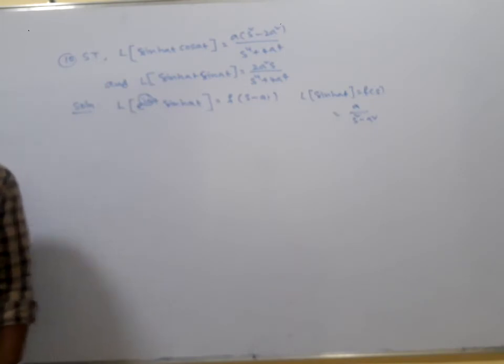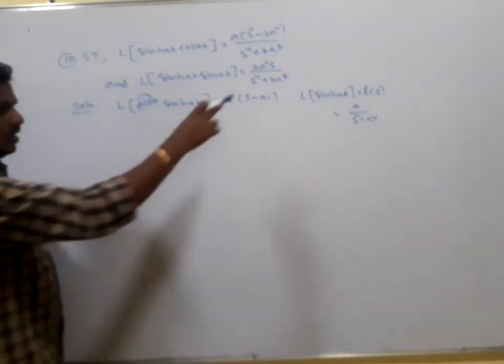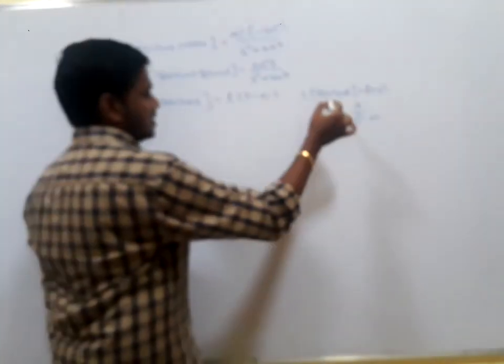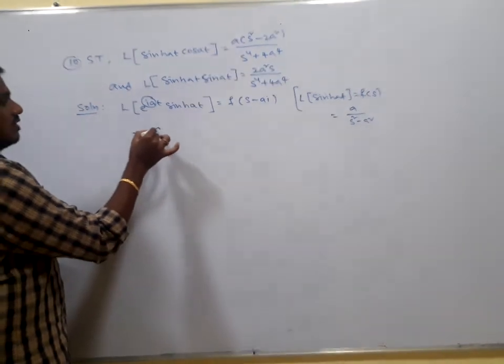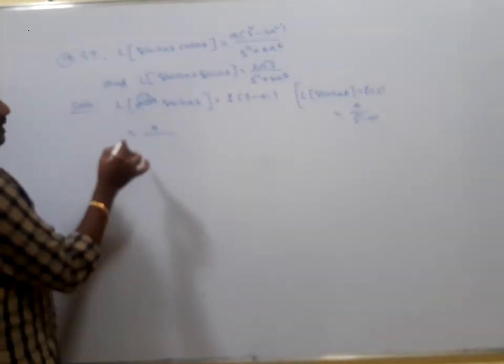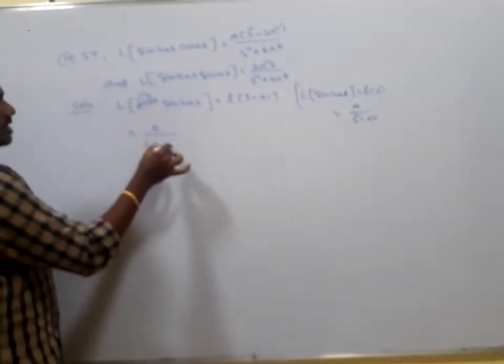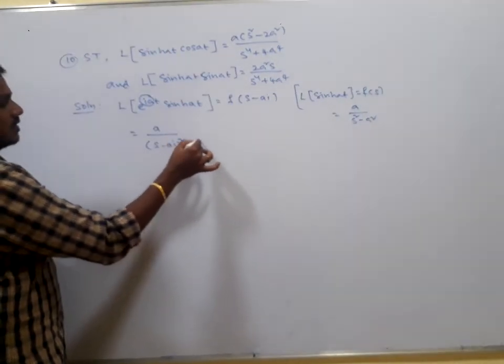So this can be written as the Laplace transform of sinh at equal to F(s), which is the same as a divided by s² − a², which is a divided by (s − ai)² − a².